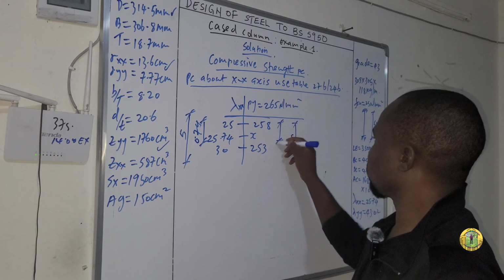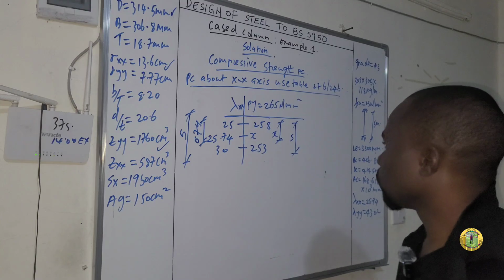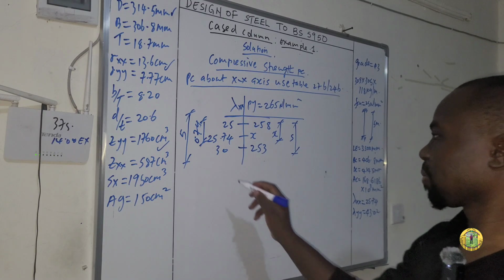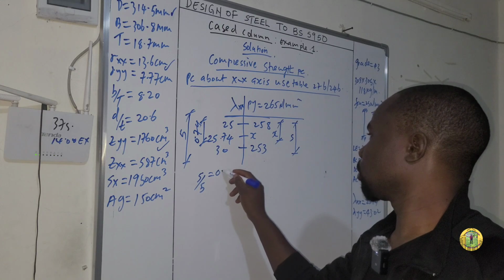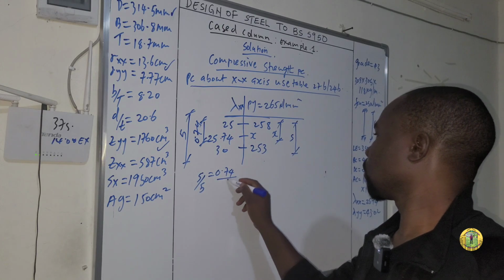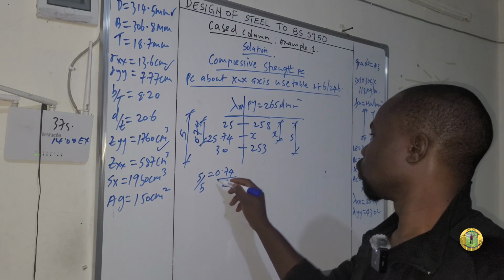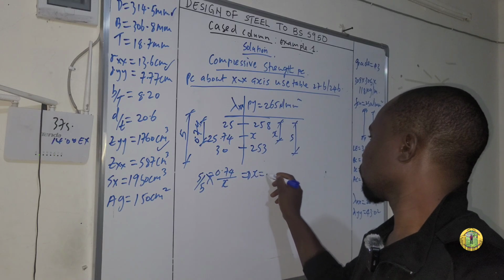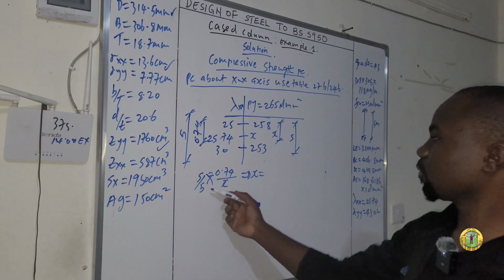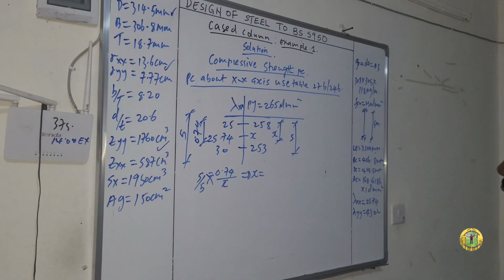And here we are showing here is X. So you will do the comparison. 5 over 5 is equal to 0.74 all over X. To obtain X, we will cross multiply, which imply X is equal to, you will take 5 times 0.74 and then divided by 5. So which imply X is equal to 0.74.